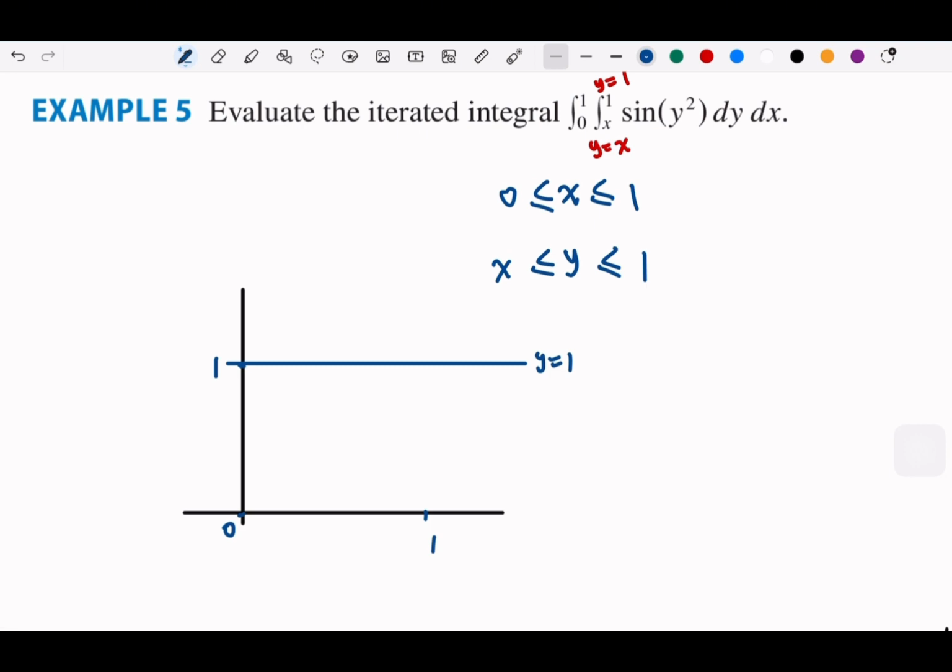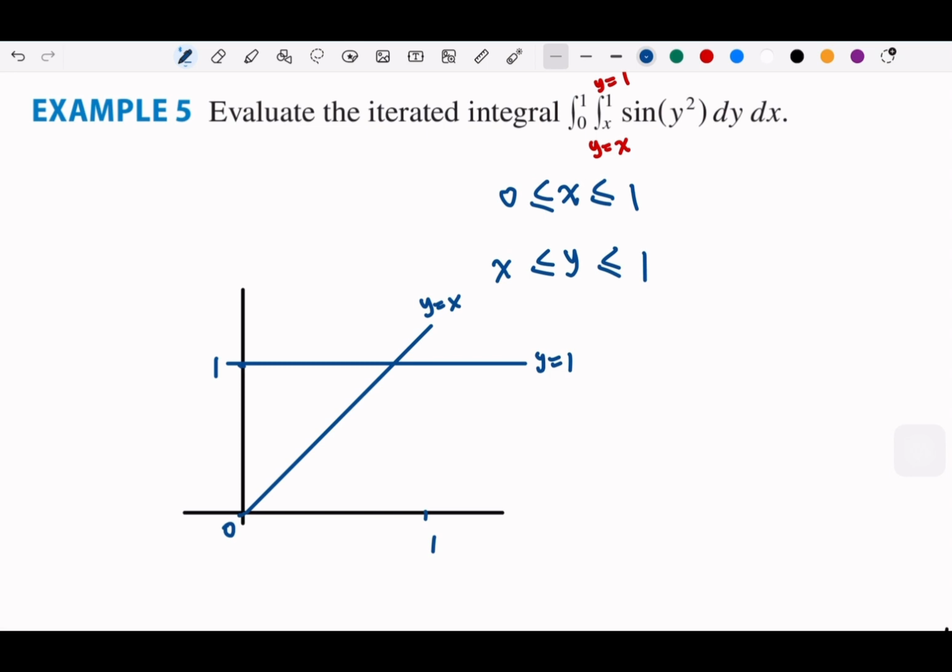Suppose that this is y equals x. There are several possibilities, depending on the endpoint. It could be this triangle. It could be this triangle. Not proportional.